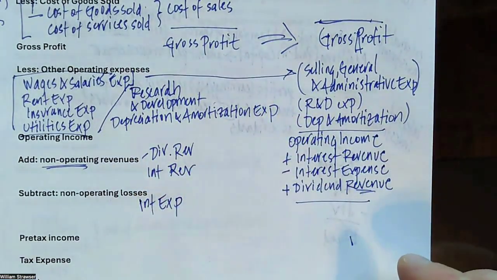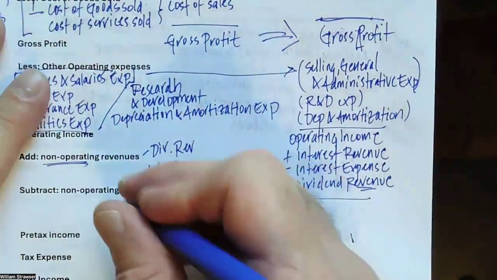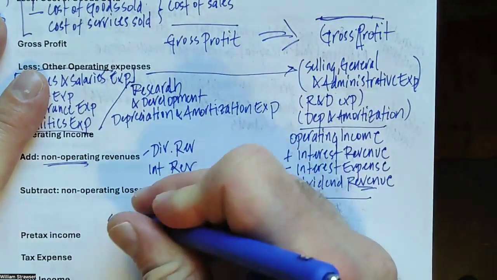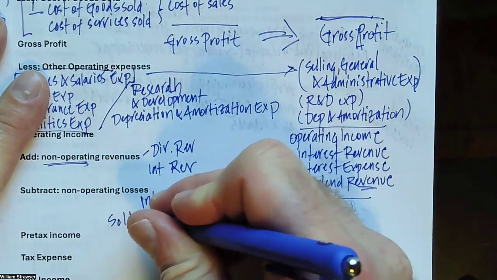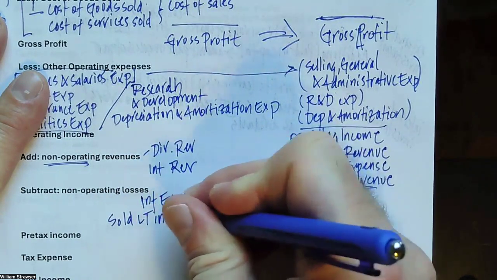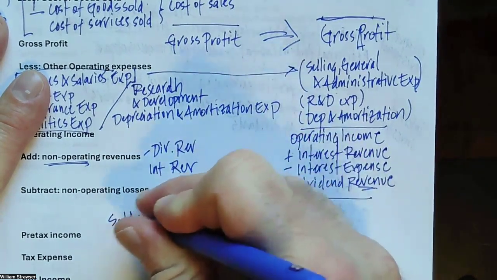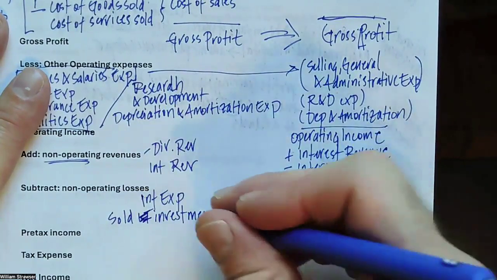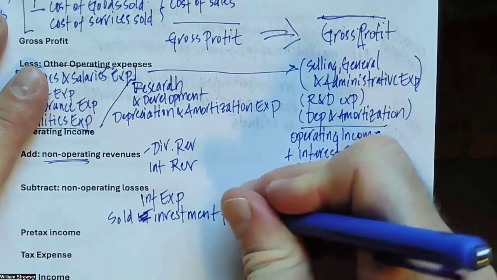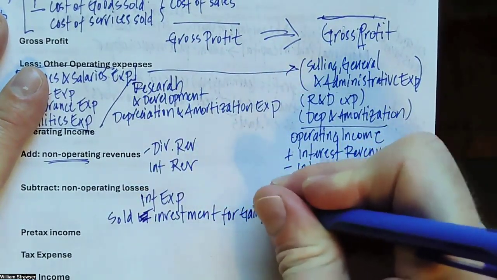Something else that might pop up here would be if we sold an investment for a gain or a loss, that would show up here.